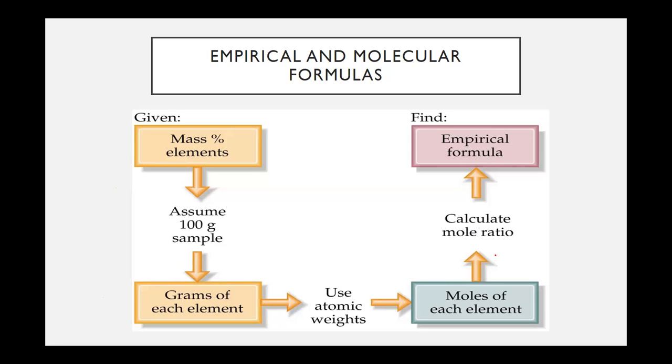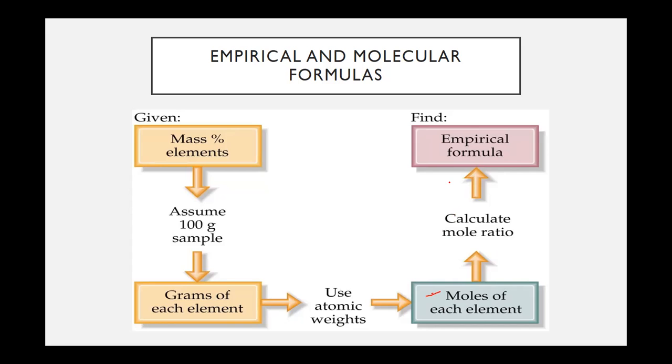So, para naman makompute natin yung moles of each element, we'll be dividing the grams by its atomic weight. And to calculate for the empirical formula, pinakompute natin ang moles ng each element, divide natin dyan sa calculated mole ratio.